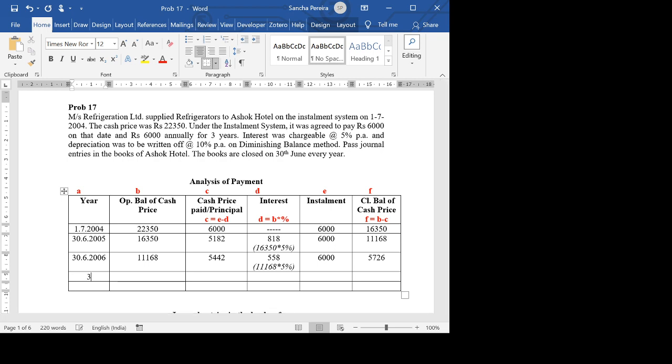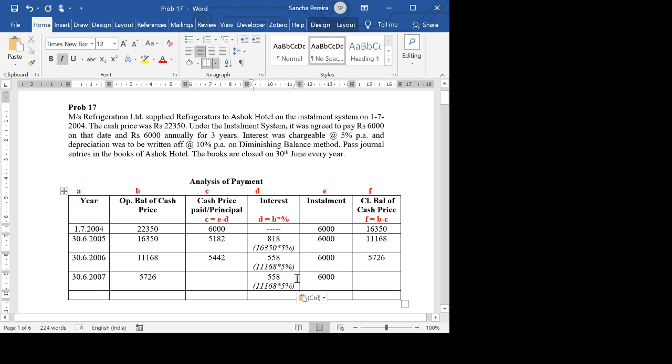So we come down to the last one now, 3 installments. So this will be the last one. 5,726, 6,000. So, okay, now we have to, sorry, this is not what has to be done.